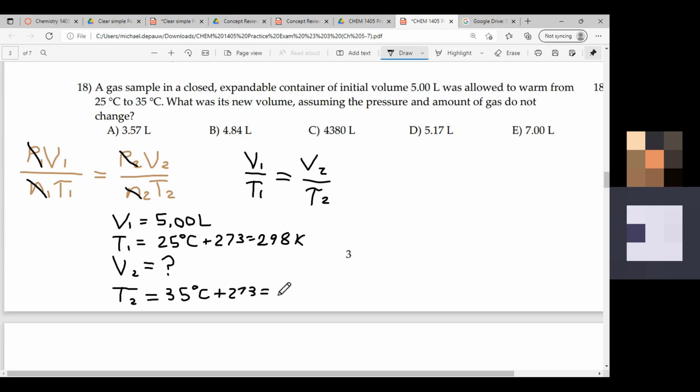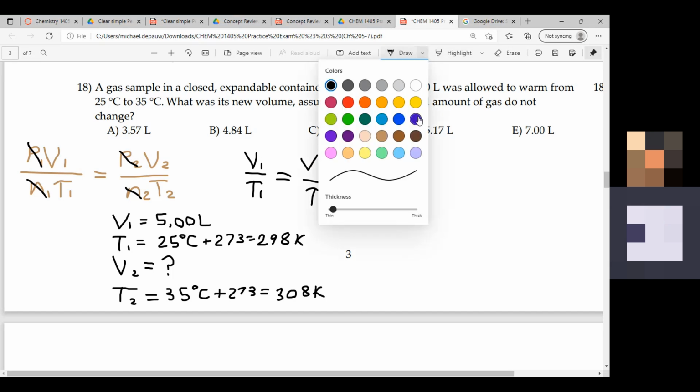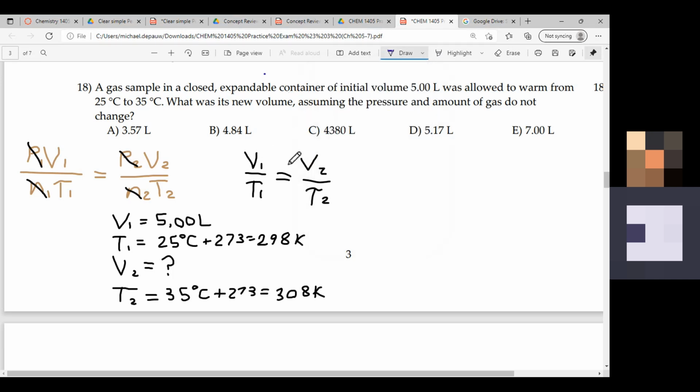Now, me personally, I don't like dealing with fractions. So if I have fractions like I do here, I'm not necessarily going to plug in my numbers first. It's usually a little bit faster if I solve the equation first, in this case for V2.